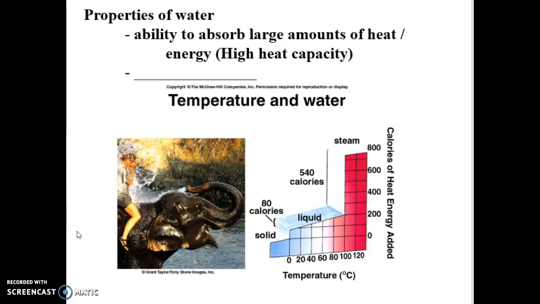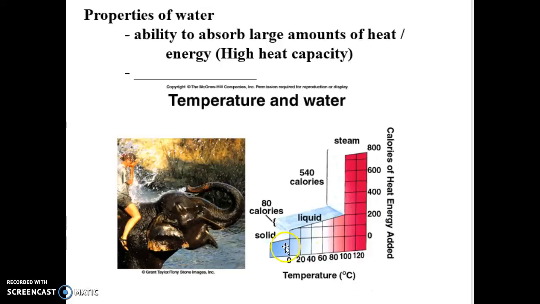It absorbs that heat very, very slowly before your internal body temperature would go up. On the negative, if you're running a 102 degree fever, it's difficult to bring your body temperature down because it retains that heat.